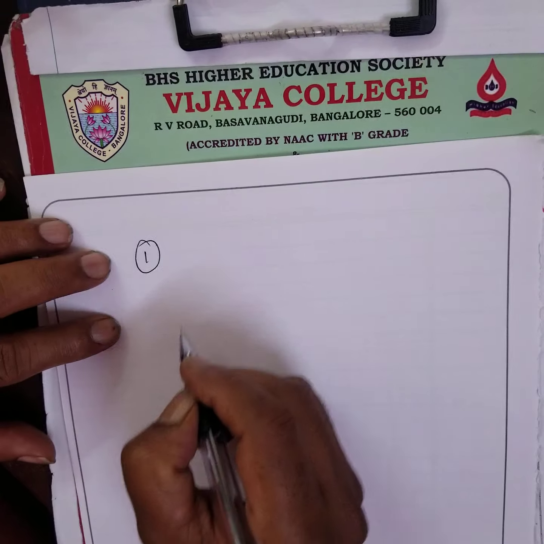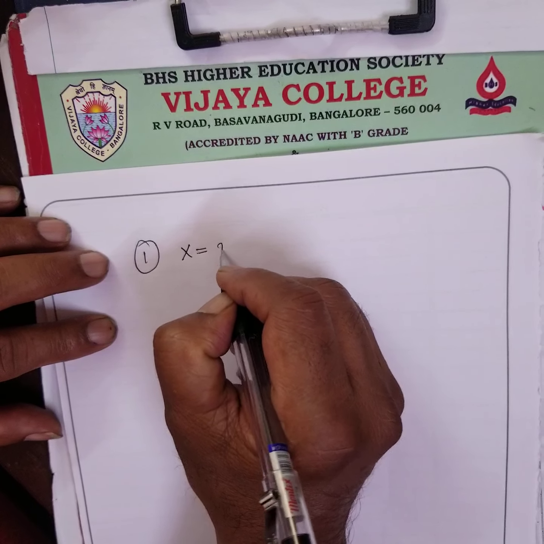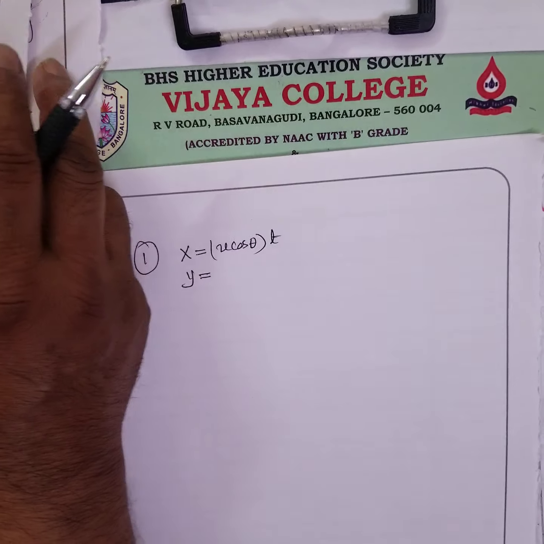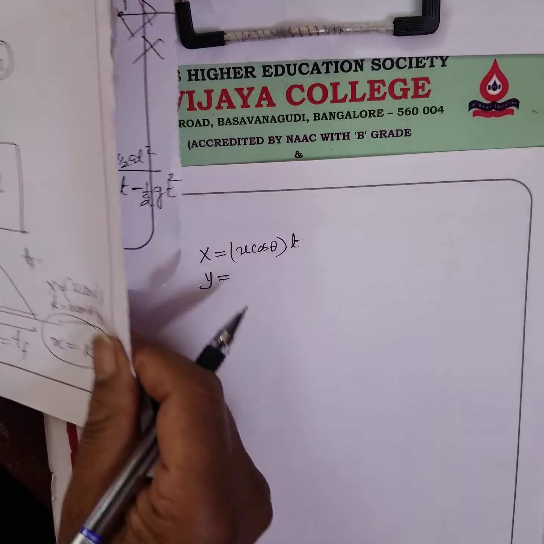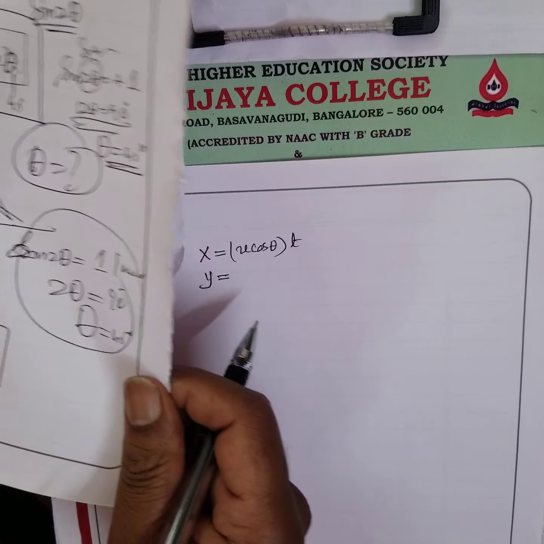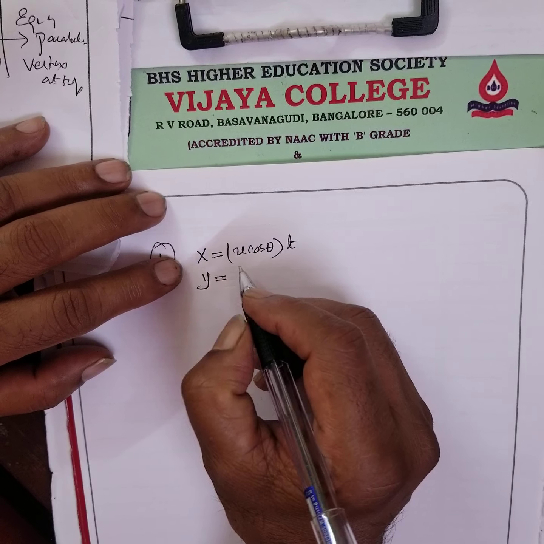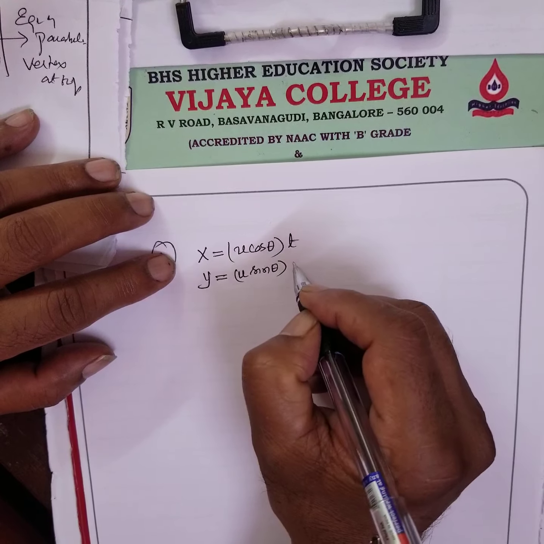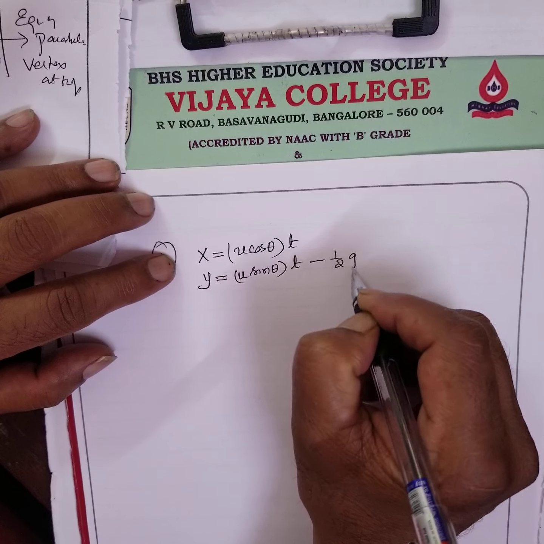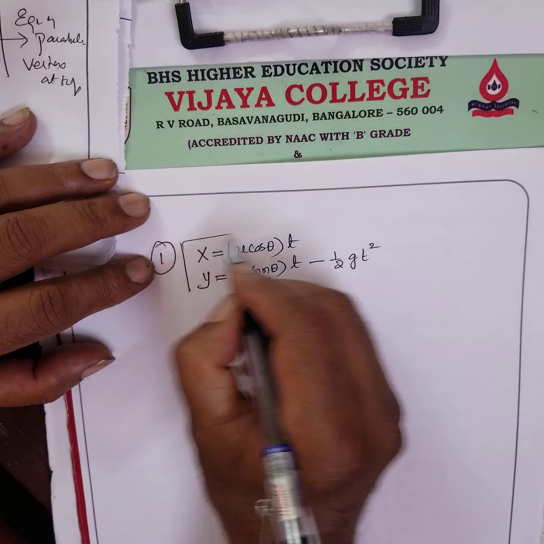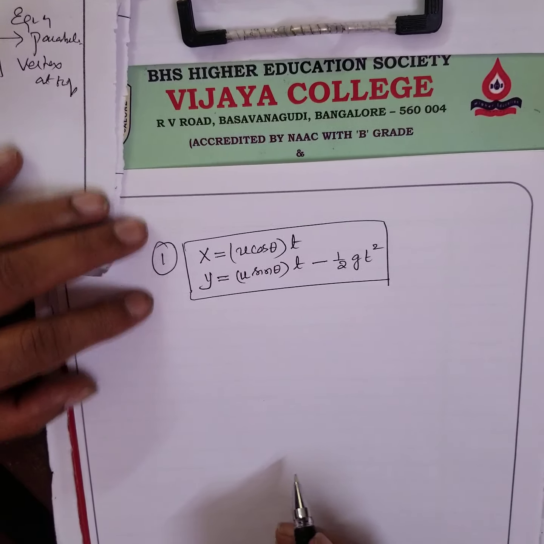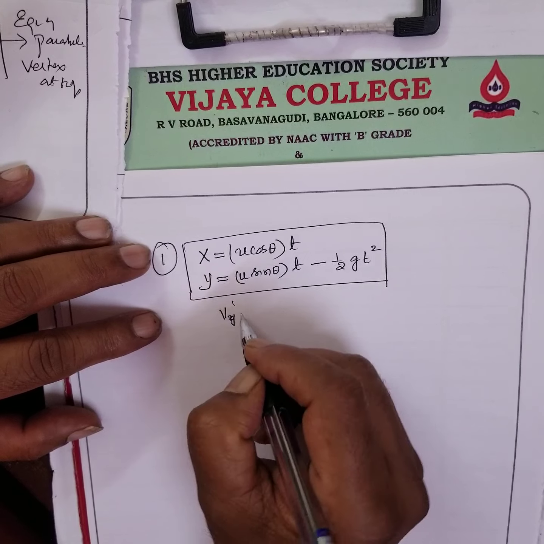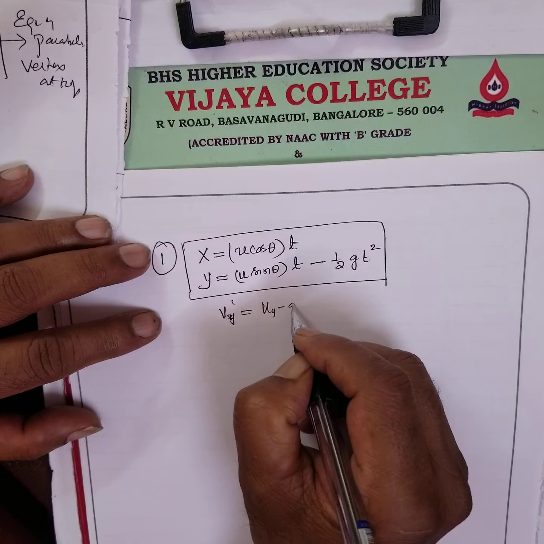What are the formulas? You have to remember. First one, x is equal to u cos theta into t, y is equal to u sin theta t minus half g t square, then vy is equal to uy minus gt.